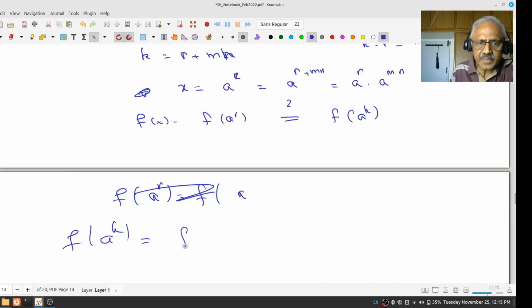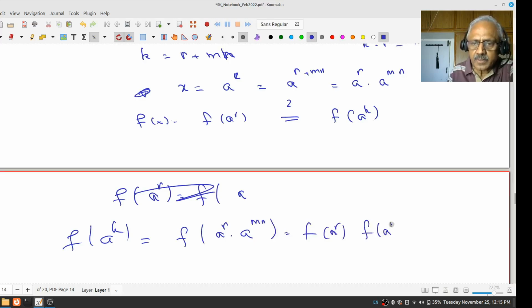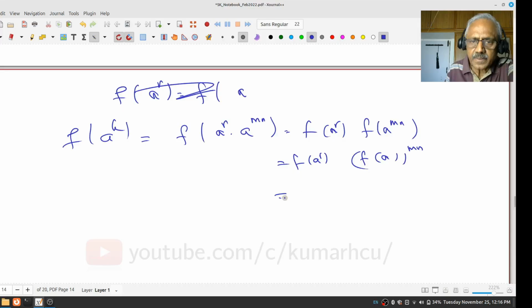f of a to the power k is f of a to the power r into a to the power mn, which is f of a to the power r into f of a to the power mn. That is f of a to the power r into f of a to the power n, whole to the power m.